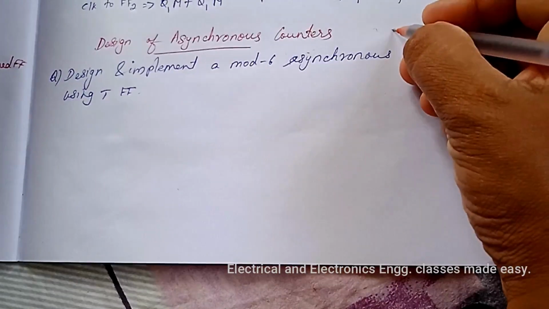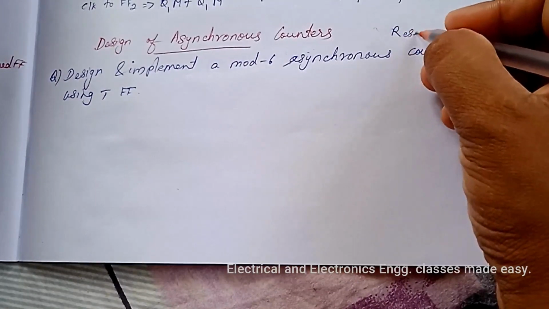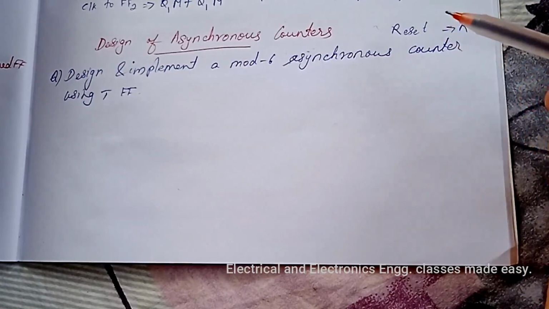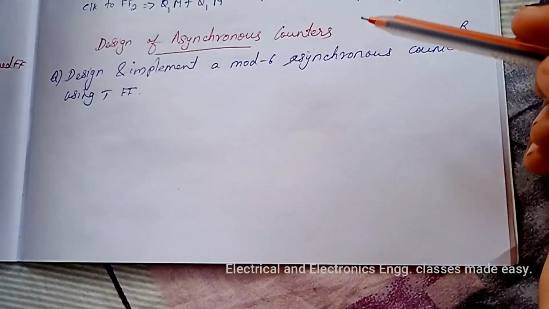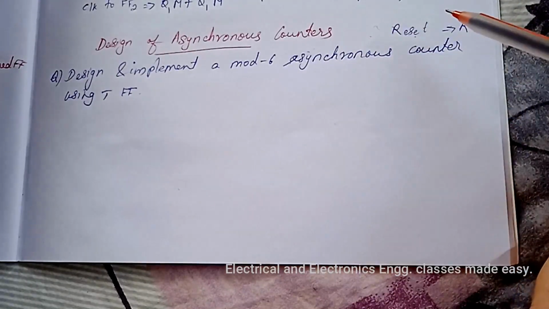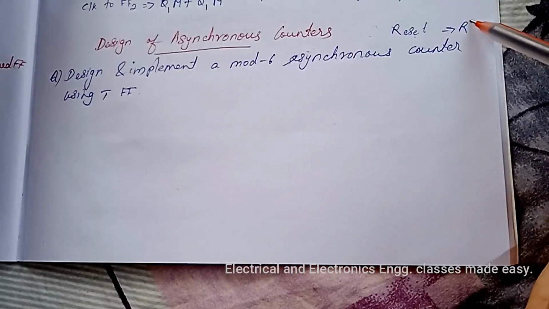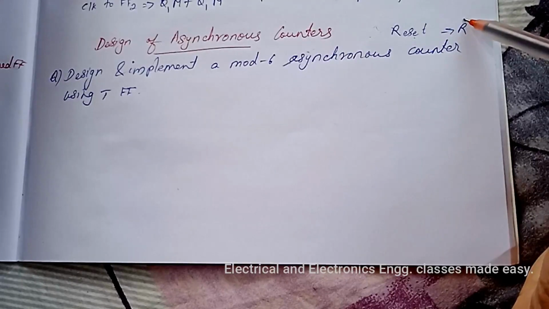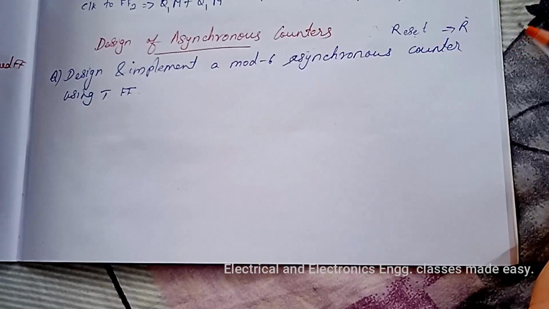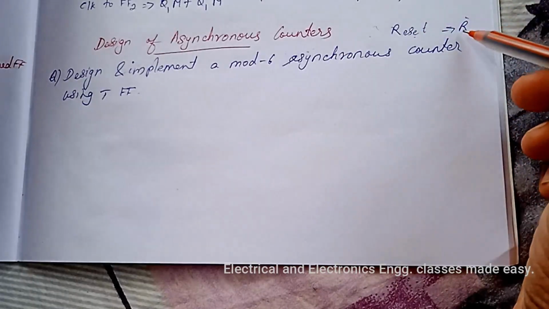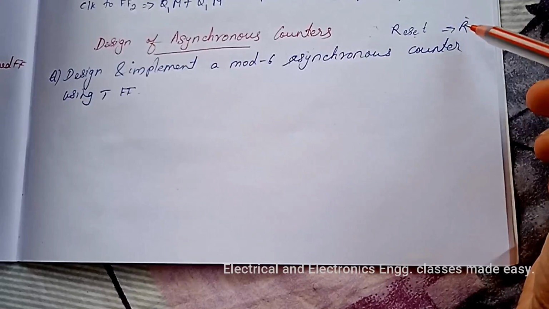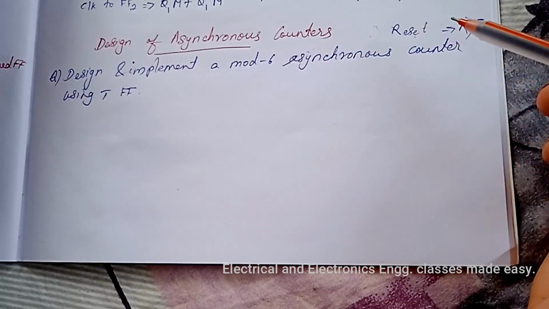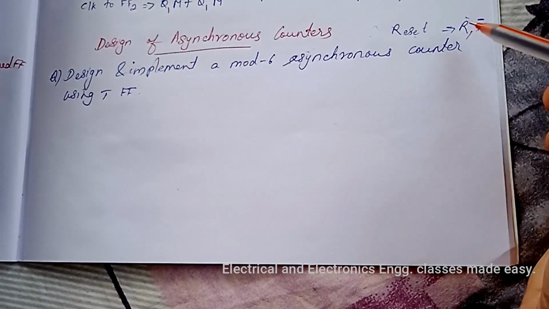So, the reset signal R for various states of the counter. First write the counting sequence, then tabulate the values of reset signal R, then obtain the minimal expression for this R value using K-map or any other method, and provide a feedback such that this R or R bar resets all the flip-flops after the desired count.